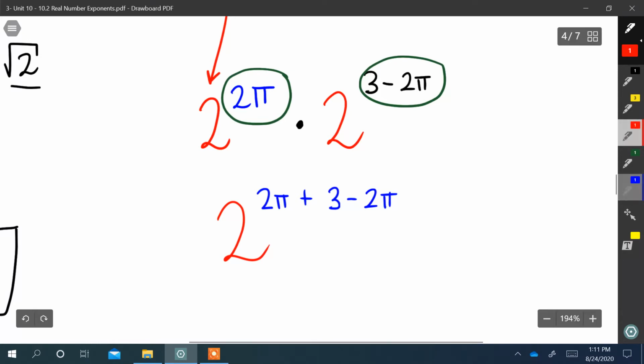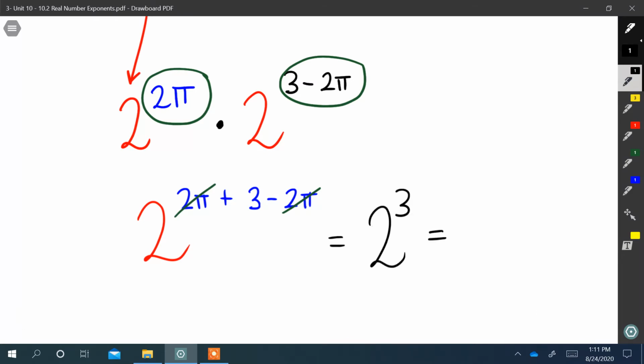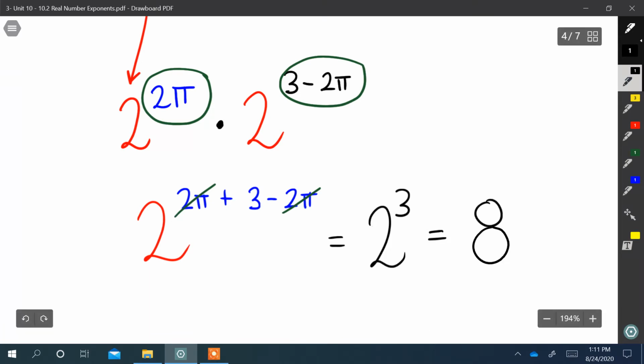This one is very interesting because this and this simply cancel out because they're opposite to each other. So you end up with 2 to the third. So you finally get 8 as your final answer.